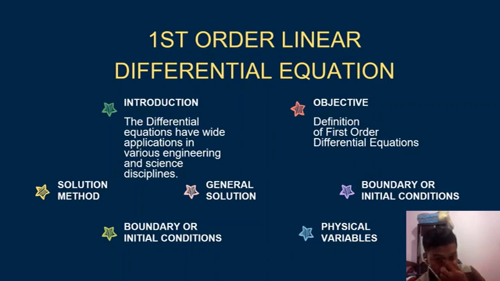In our case study, we have four steps for solving it. First is method identification, that is dy over dx is equal to f(x,y).